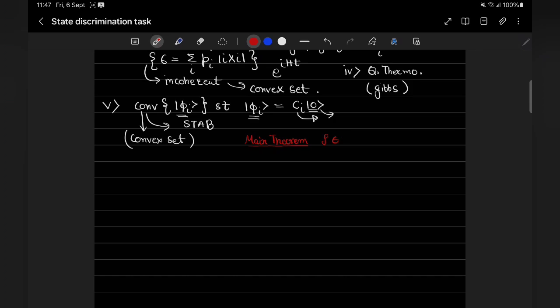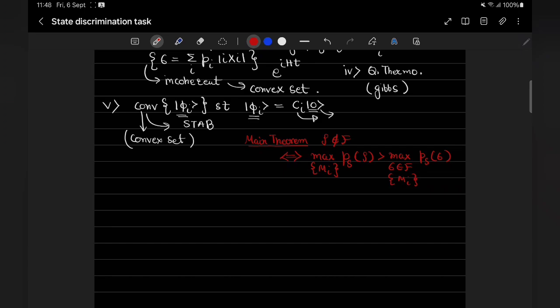It says that rho does not belong to a convex set if and only if the max over all possible measurement strategies, the max of this P_S of rho, is greater than the max over sigma belonging to F of P_S of sigma.